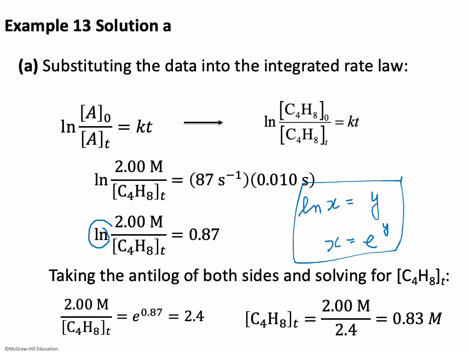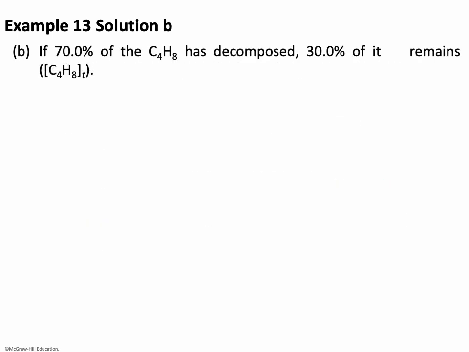Then there was a second part to this question, which was if 70% of C4H8 has decomposed, 30% remains, what would be the time? So it's the same question now, but in percentage. 70% has decomposed, which means what's left at time t is going to be 30%, which means my A0 is 100.